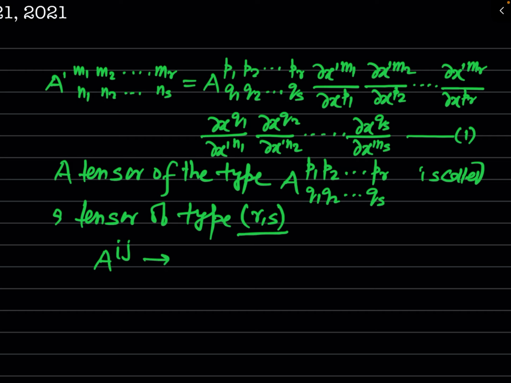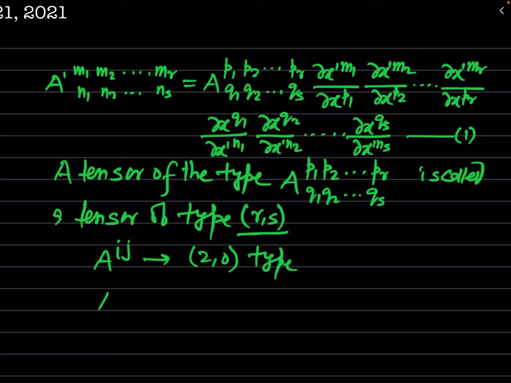You can easily see that in this case the contravariant rank of this tensor is 2, but there is no covariant index, so the covariant rank of this tensor A^ij is 0. So you can say that this tensor is of the type 2, 0. So this is a tensor of type 2, 0.